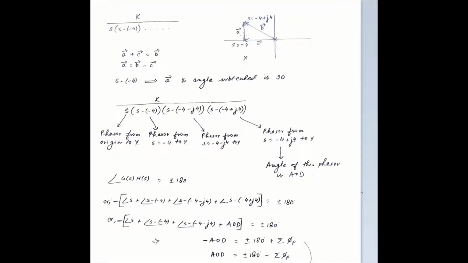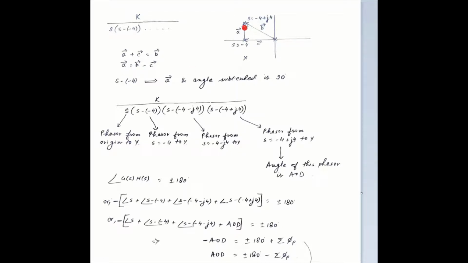I have named this phasor as A, this as B, and this phasor as C. So now we can write here A plus C is equal to B, and by normal algebra A is equal to B minus C.